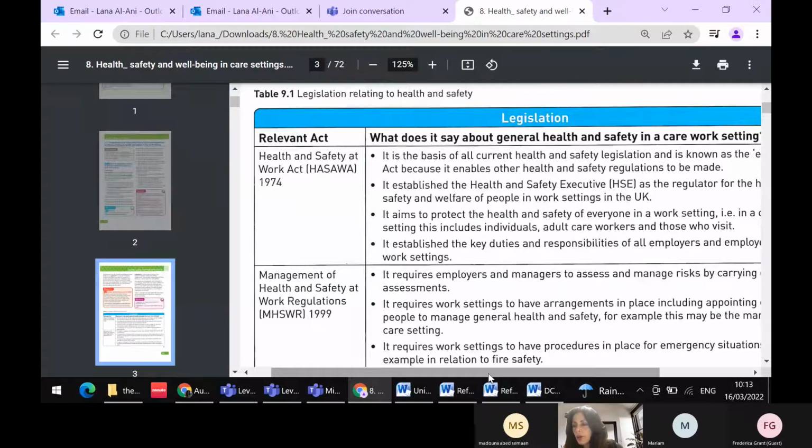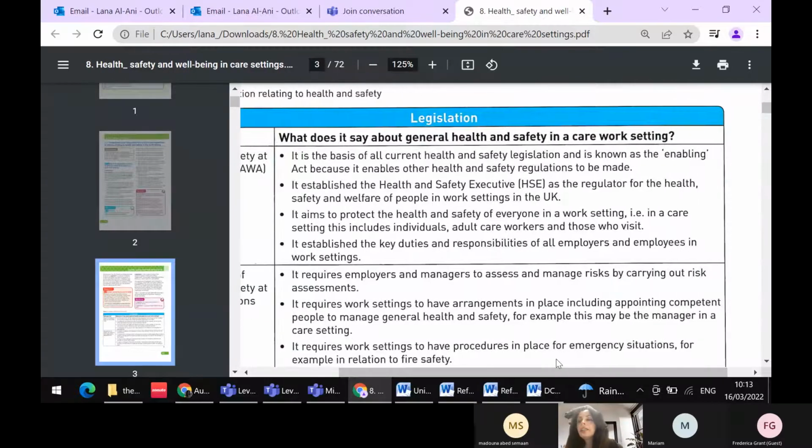What is it all about? It is the base of all current health and safety legislation in the UK, and it's an enabling act. It enables other health and safety regulations to be made. So it is very, very important.